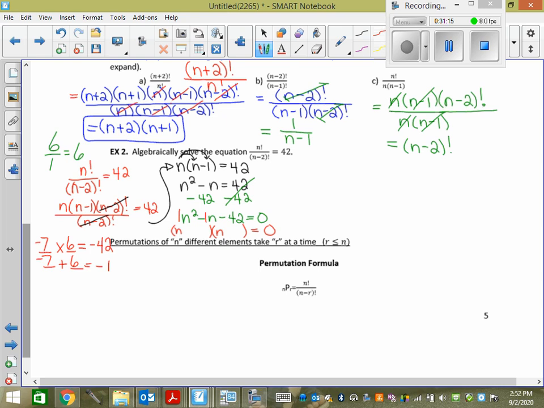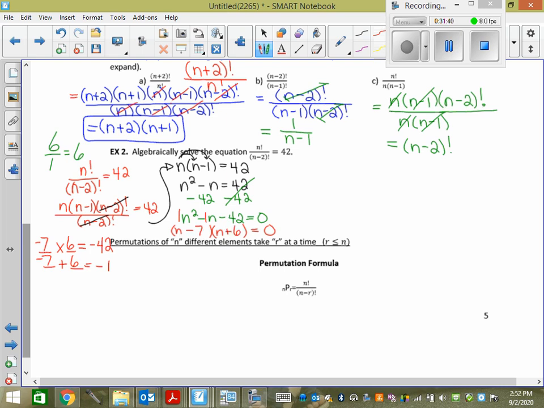Exactly, because we need to get a negative 1. I know it's long and foolish, but then I don't make mistakes, because I can double check myself. Now I can go right to my blanks, and I can go negative 7, positive 6.